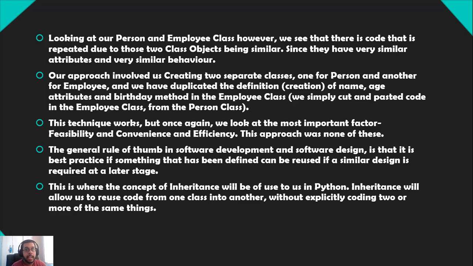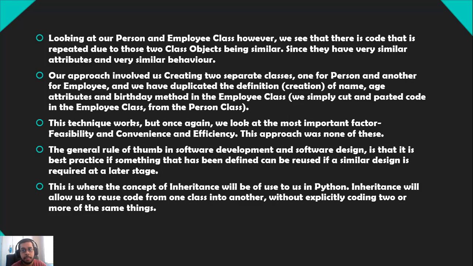Looking at our person and employee class, however, we see that there is a lot of code that is repeated due to those two class objects being similar, since they have very similar attributes and very similar behavior. Our approach involved us creating two separate classes, one for person and another for employee, and we have duplicated the definition, creation of name, age, attributes, and birthday method in the employee class.